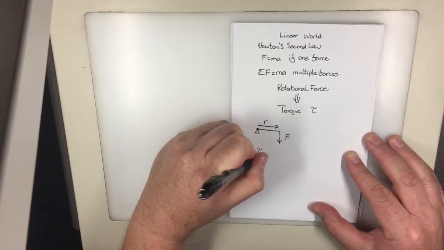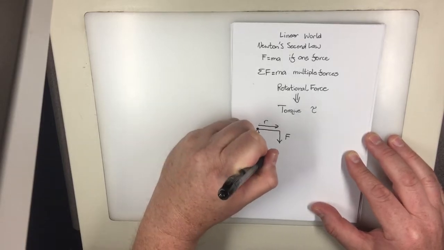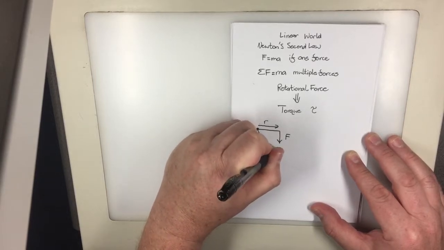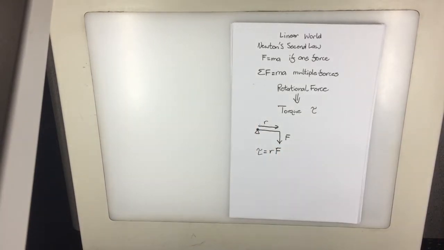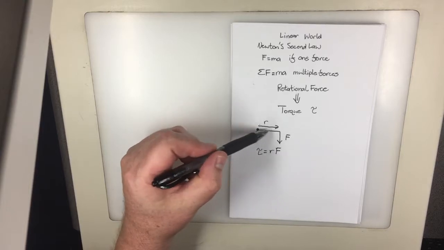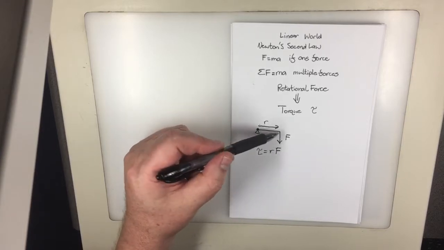The magnitude of torque is r cross F. So if you take F and multiply it by r, then you get the torque. Technically, it's the part of the force that is perpendicular to this axis.